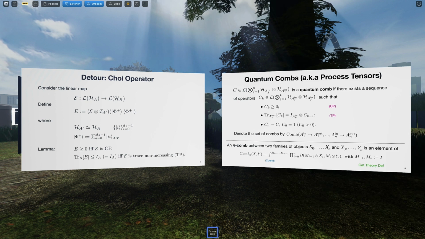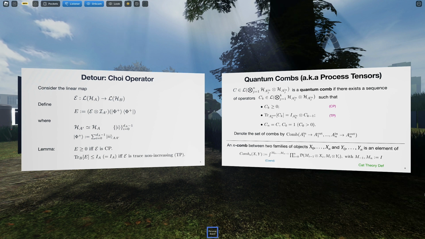And we have a trace condition where if we trace out over the target space B of this non-calligraphy E, then in the case where our calligraphy E is trace preserving, we will get the identity operator on our original space HA. So these are nice ways of characterizing CPTP maps, calligraphy E, via properties of their corresponding Choi operator. And this is important for the next slide.